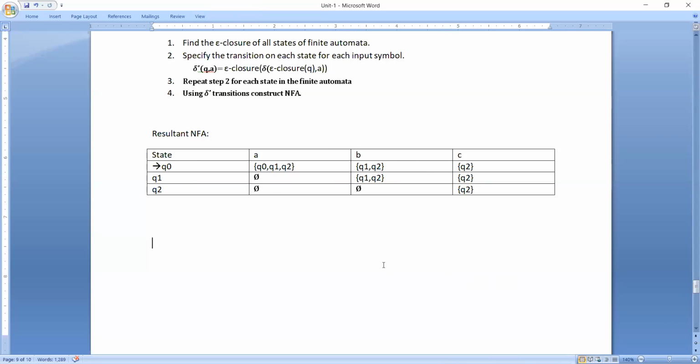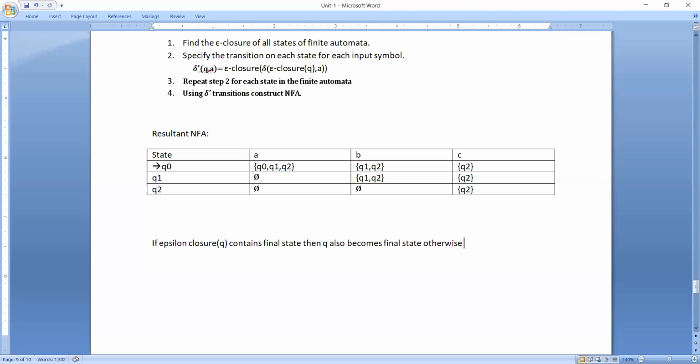If the epsilon closure of some state Q contains the final state, then Q also becomes a final state.